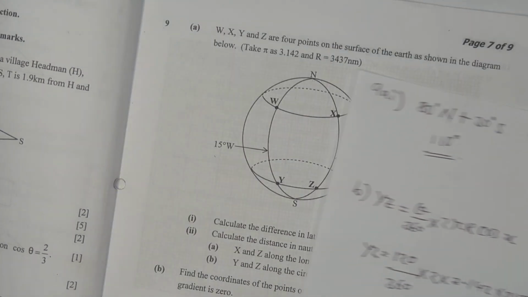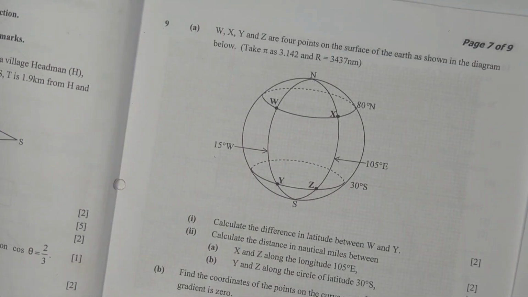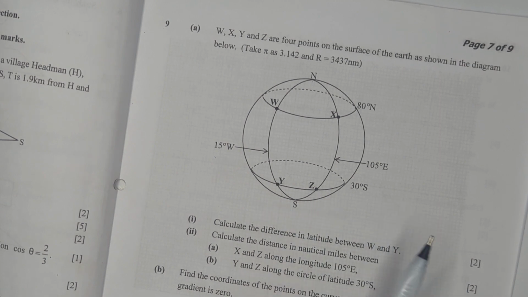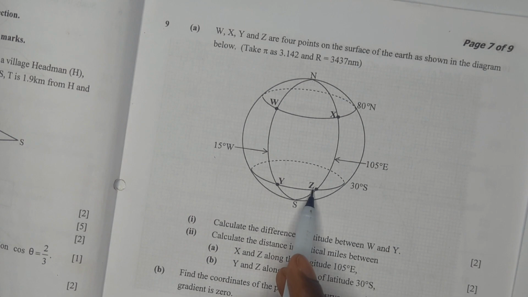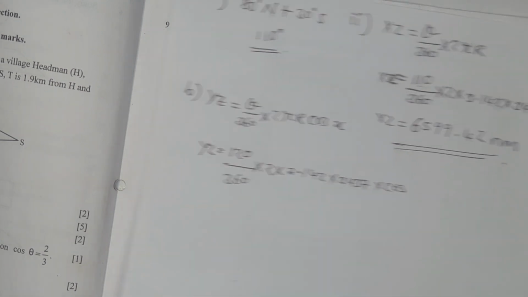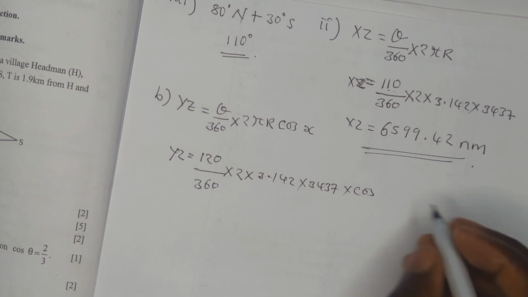Now cos x is the latitude where the given points Y and Z lie. Y and Z lie on 30 degrees south, so cos 30.